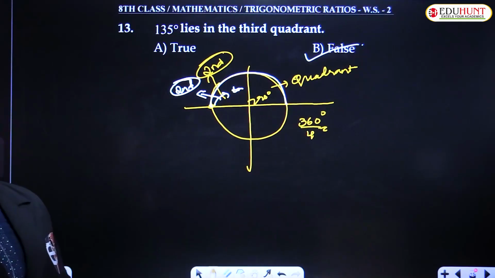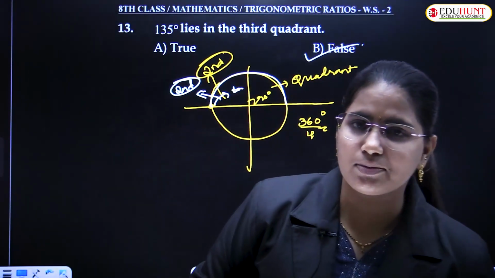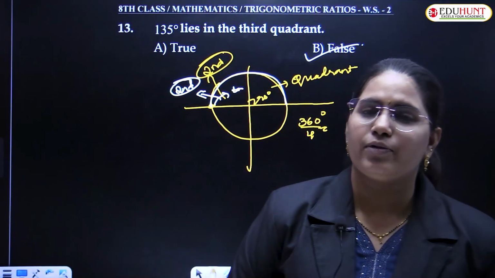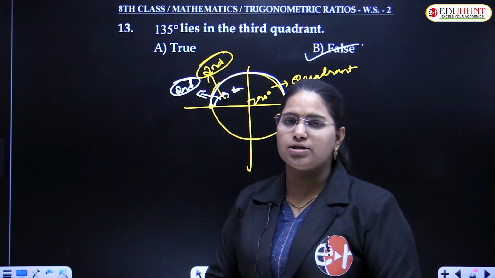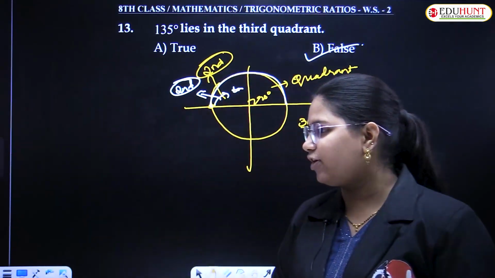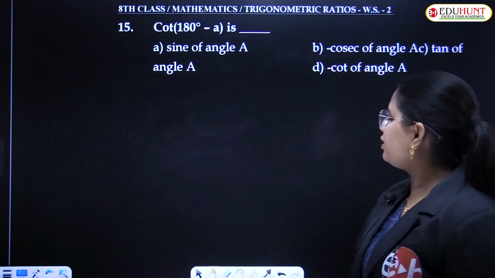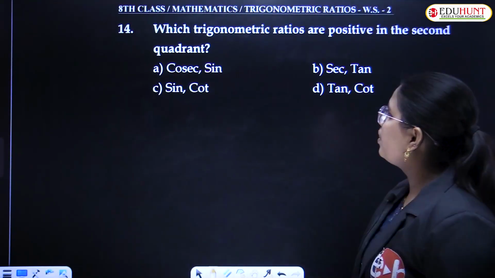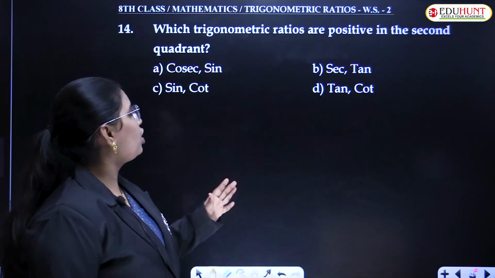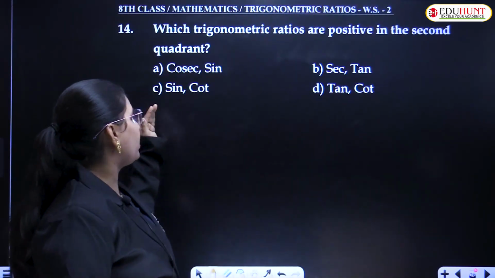So the first 3 questions are clear to you? Any doubts up to this, you can ask me. Very good, I'm getting marvelous answers from you all. Next one. Which trigonometric ratios are positive in the second quadrant?